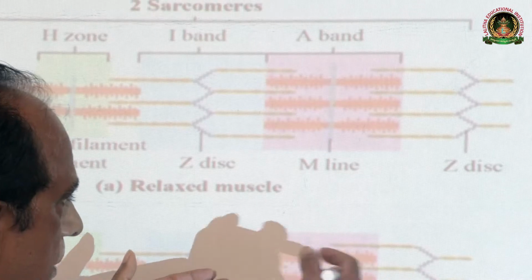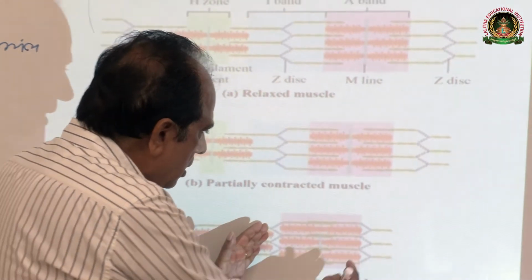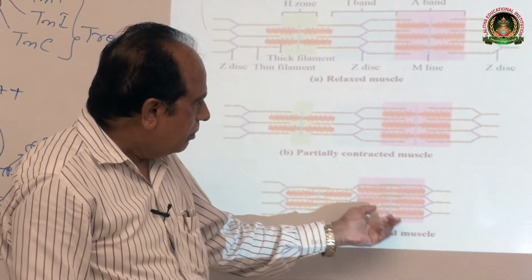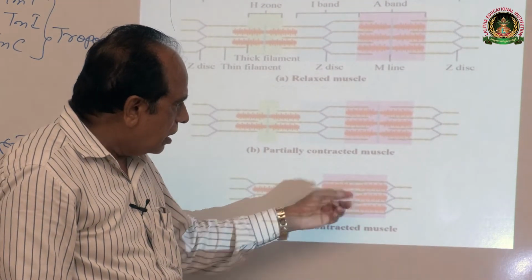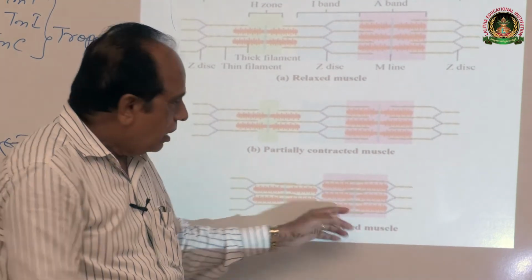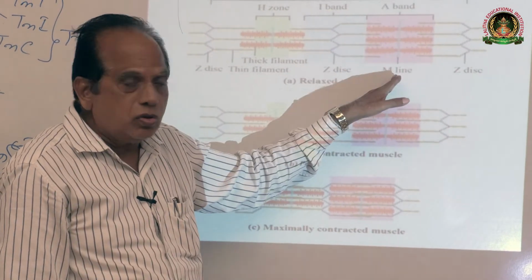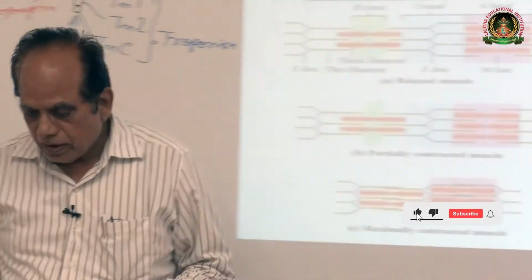And whenever the actin molecules slide inwards along with the Z membrane, there is no difference between the A band and I band, because the actin filaments slide inwards around the myosin along with the Z membranes. So, there is no differentiation of the H zone or the I band in the contracted state of a muscle.